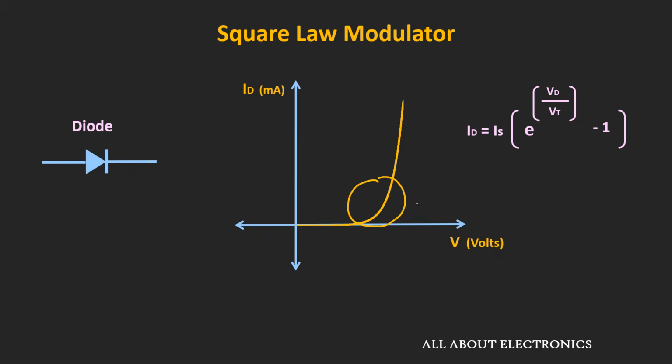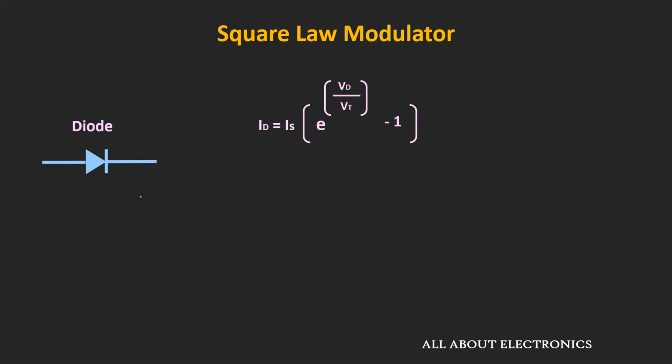For example, when the diode is biased over here, and on top of it we apply a small input signal, then it can be used as a square law device. That means in that case, the input to the diode, that is Vd, is equal to VDO plus Vin(t), where VDO is the DC biasing voltage and Vin(t) is the input signal.